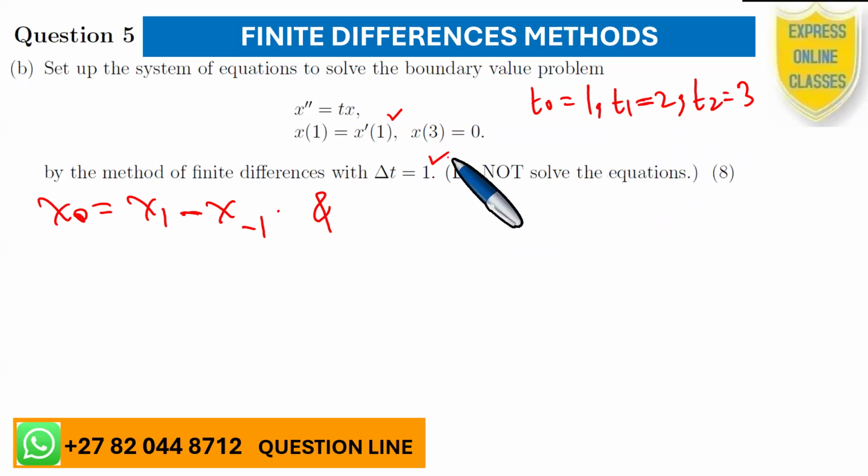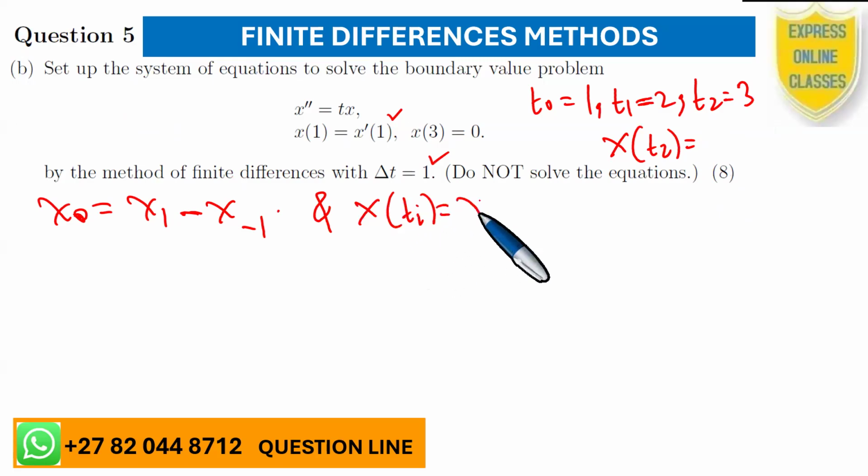Okay. So obviously at this point now, what is this? X3. So X3, our 3 is T2. So it's going to be X at T2. But according to this, we have said that x at ti is xi.